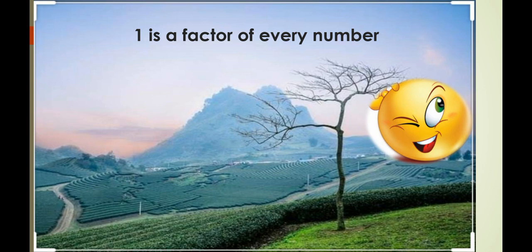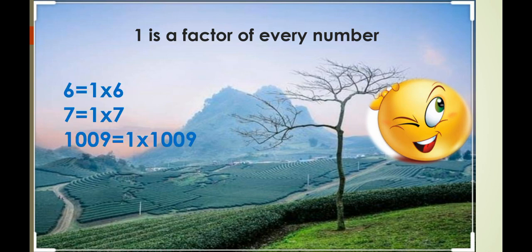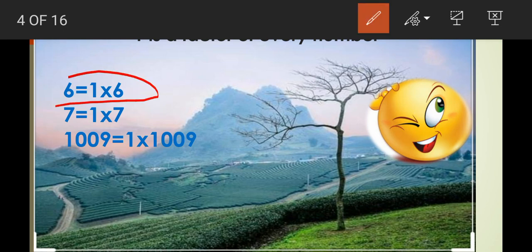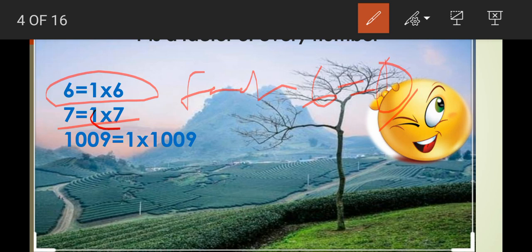1 is a factor of every number. How is it? You just think. 6. I am writing 6 as 1 into 6. Is it correct? So, in the factors of 6, definitely 1 will come. Other numbers are there, but 1 is there. Factors of 7. Here also 7 is equal to 1 into 7.